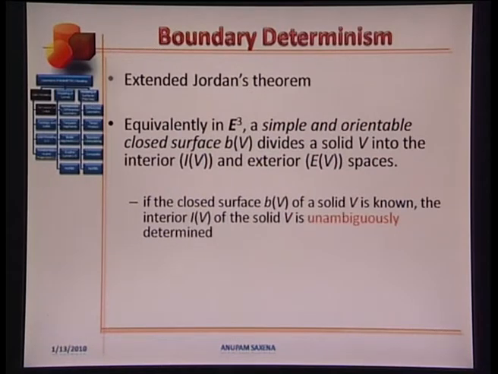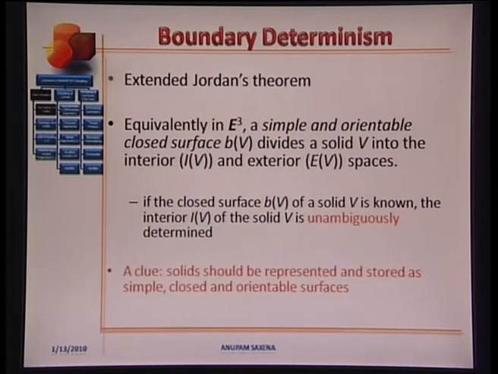If the closed surface BV of a solid V is known, the interior IV of the solid V is unambiguously determined. This gives us a nice clue that solids should be represented and stored as simple, closed, and orientable surfaces, as opposed to a set of all points which are confined in space. For example, a sphere. If a spherical surface is known, so will be the sphere.